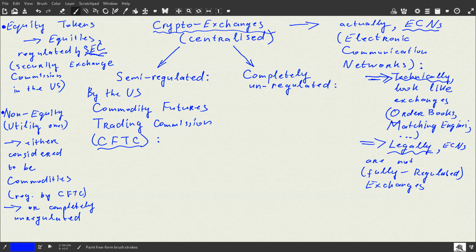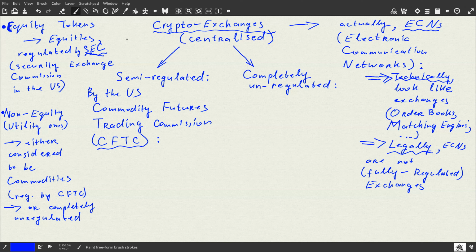So if you design your cryptocurrency, then your first concern is to make sure that you really can prove that it is not an equity, which means that distribution of this token does not give the owners of the token equity type rights, like for example, shared ownership with an enterprise, the right to receive dividends, the right to vote, possibly, and so on.